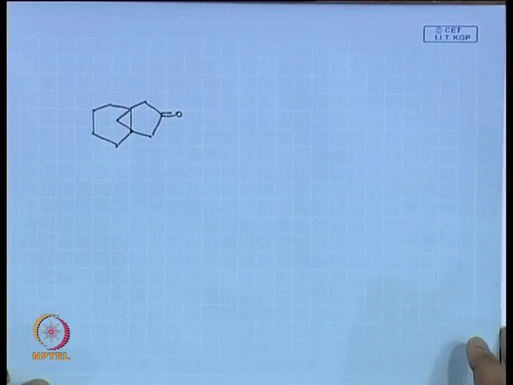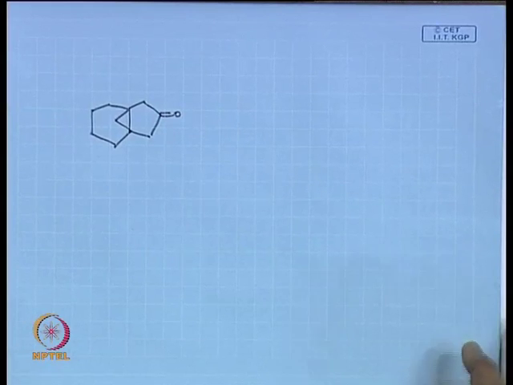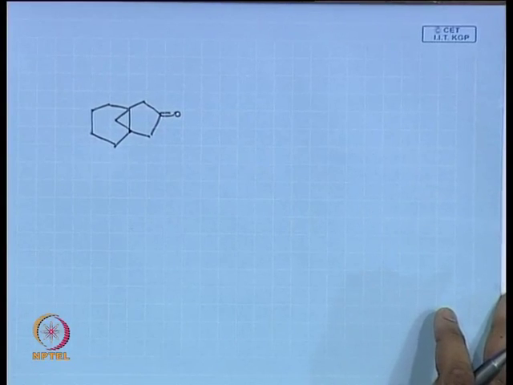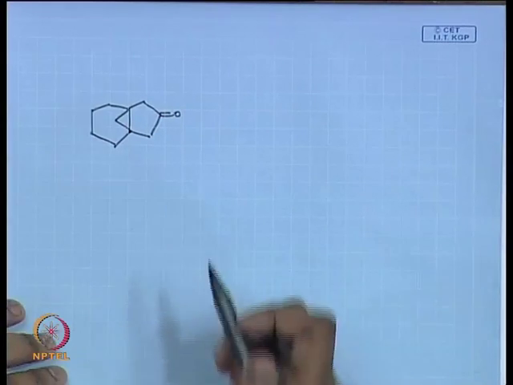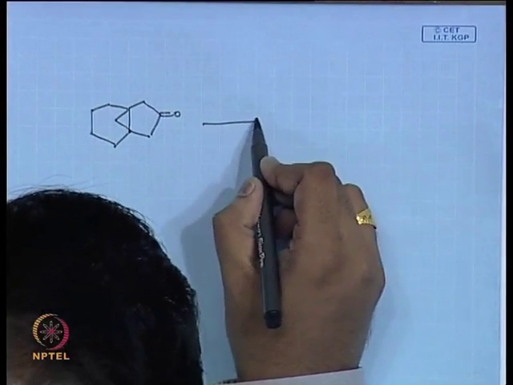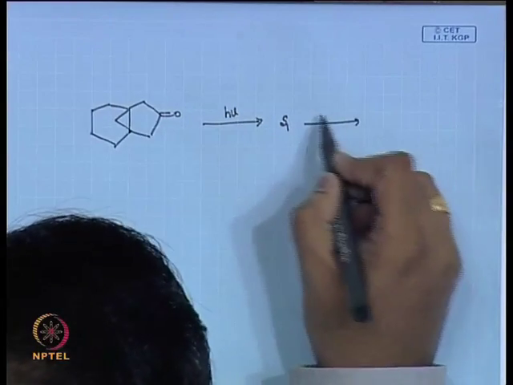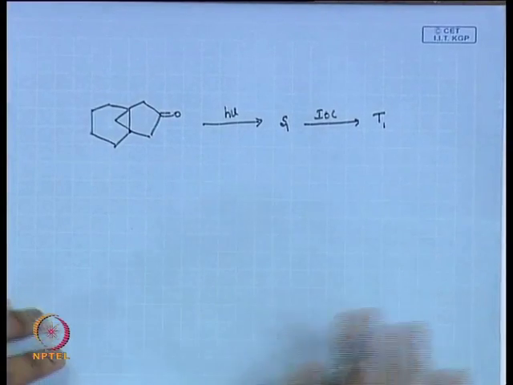So, I am taking a cyclopentanone system where you are trying to make strained types of rings. Okay, now, when we irradiate this, you get S1, then intersystem crossing, you get T1, that you know for sure.